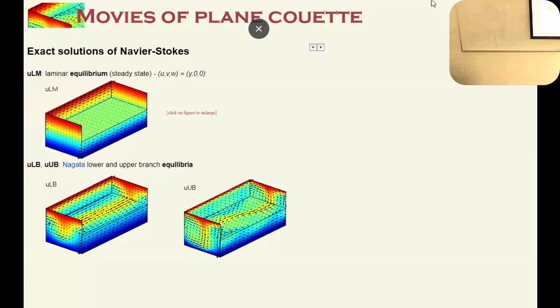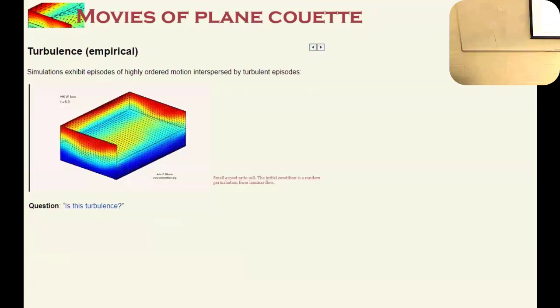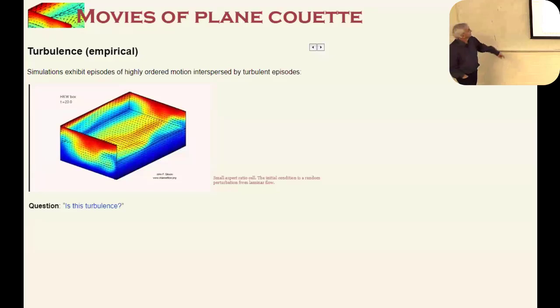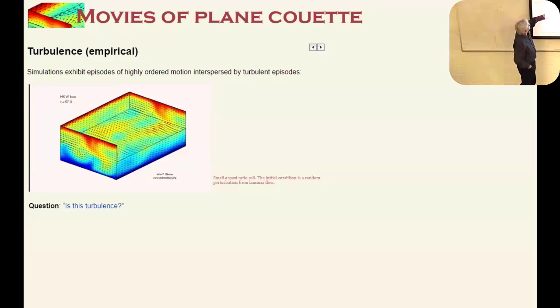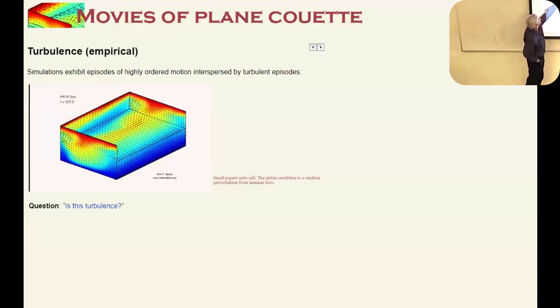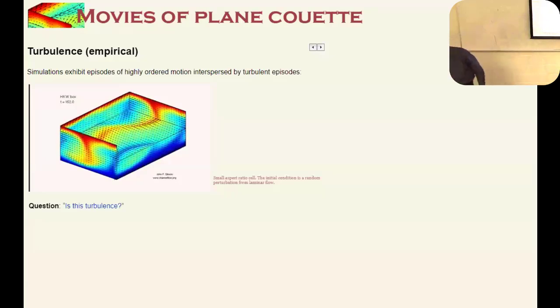Because if I go back to this fluid and look at it, I actually see a thing like this. At some point it'll show up. Like this one, look at this, and this one looks very regular.